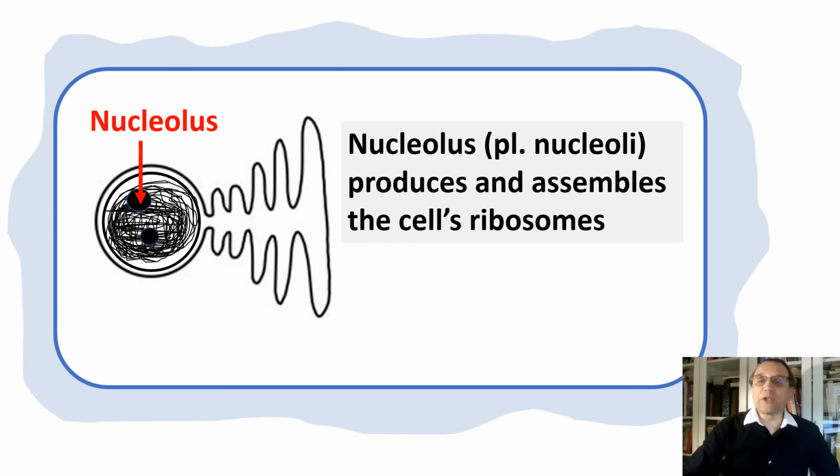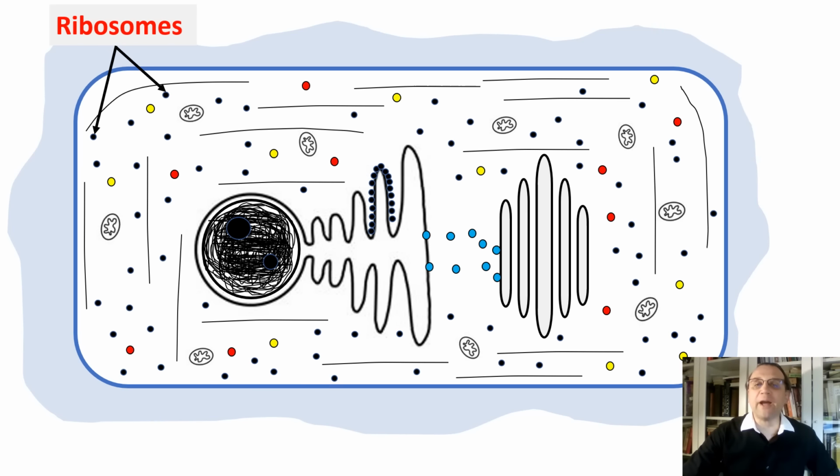The nucleolus is a spherical structure found in the cell's nucleus, whose primary function is to produce and assemble the cell's ribosomes. Look at the small black circles on the diagram in front of you. These are ribosomes. It may sound strange, but those little grains can read.